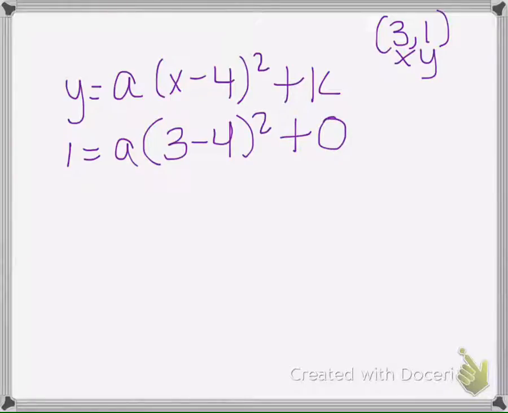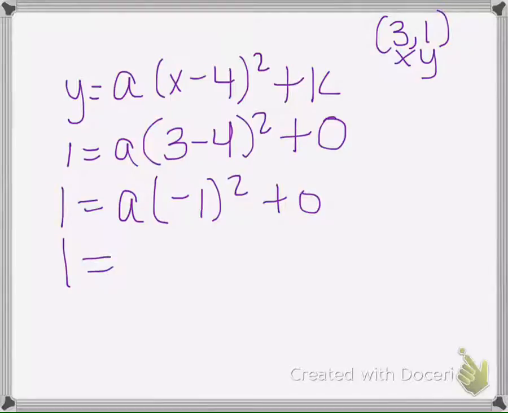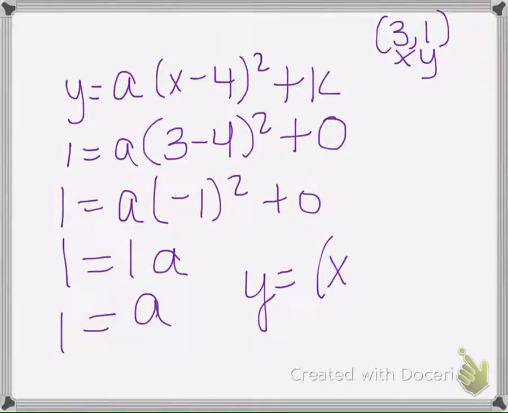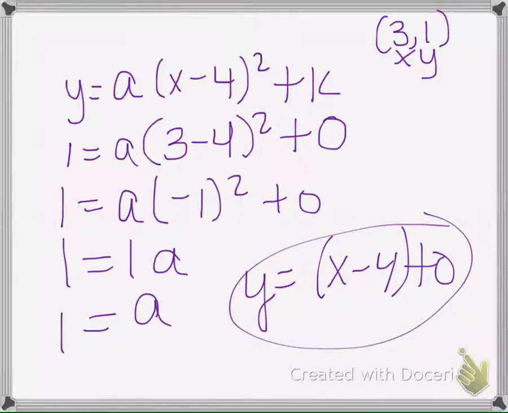And then we solve for a using order of operations. So a would be 1. So we come back and write our equation. y equals 1 times x minus 4 squared plus 0 would be the equation for that particular table.